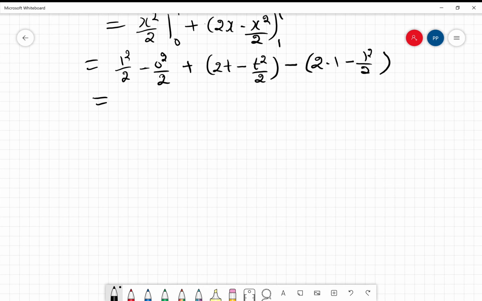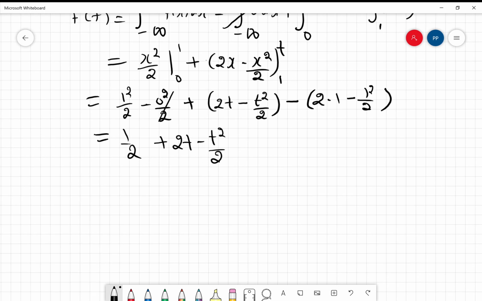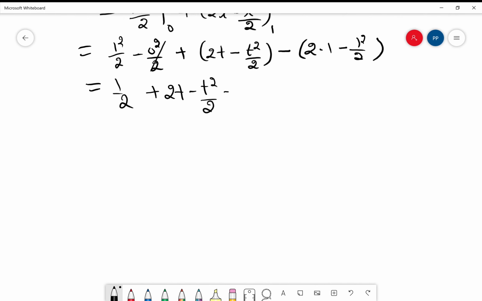So 1 by 2 minus 1 by 2 is 0, plus 2t minus t squared by 2, then minus 2, which simplifies to minus t squared by 2 plus 2t. The constant reduces to minus 1.